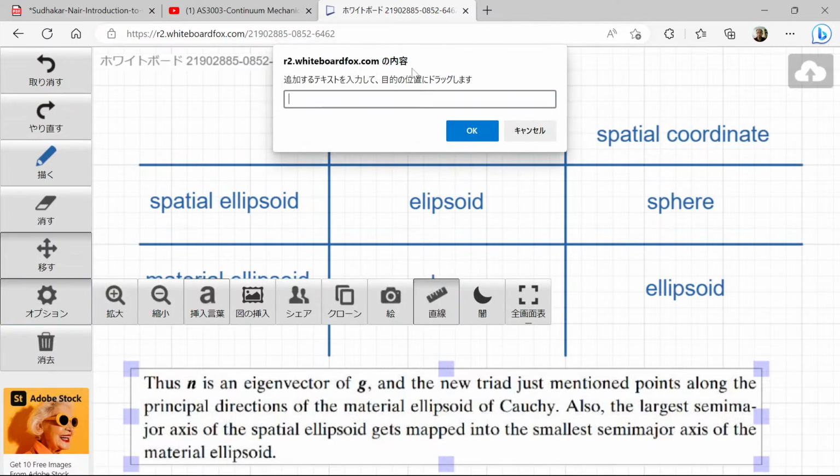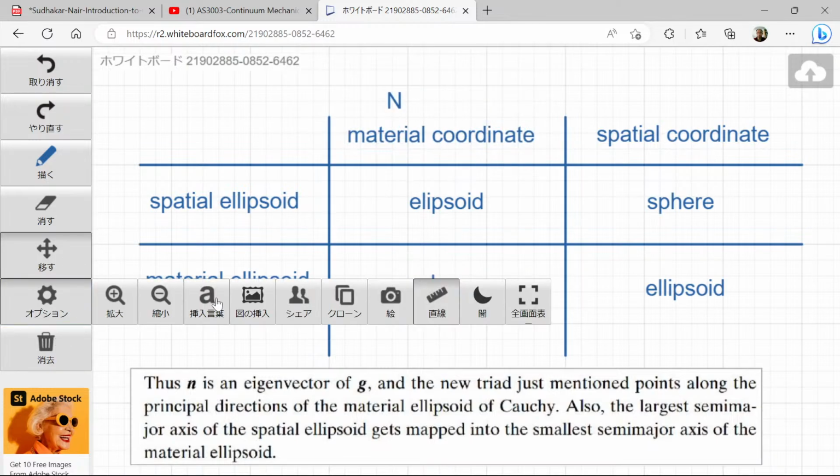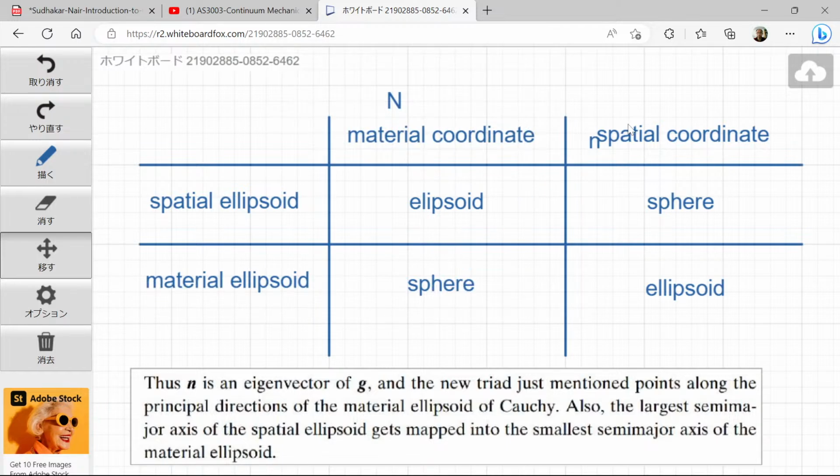Here, this is large N. For material coordinate, we use large N. Then for spatial coordinate, we use small n.